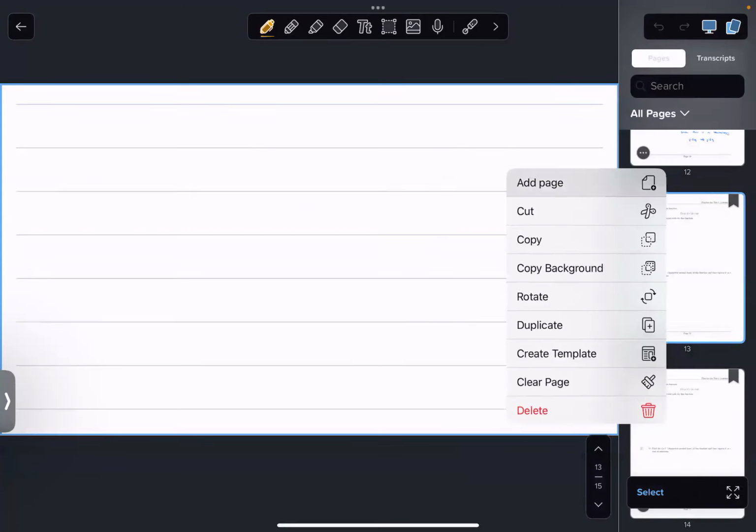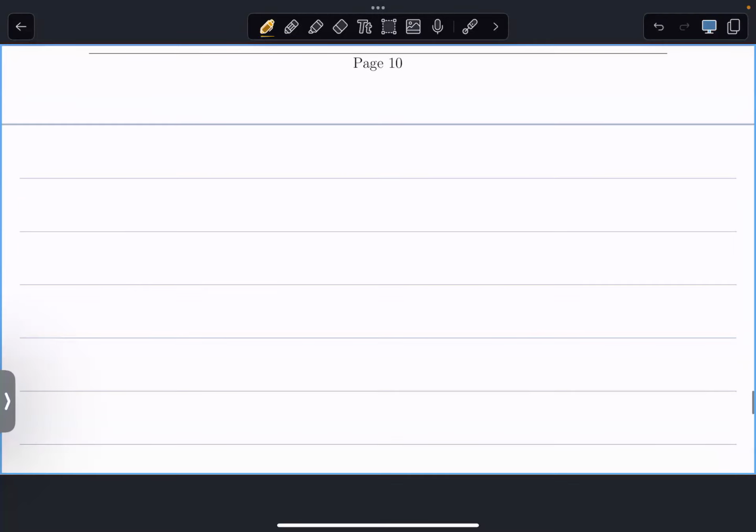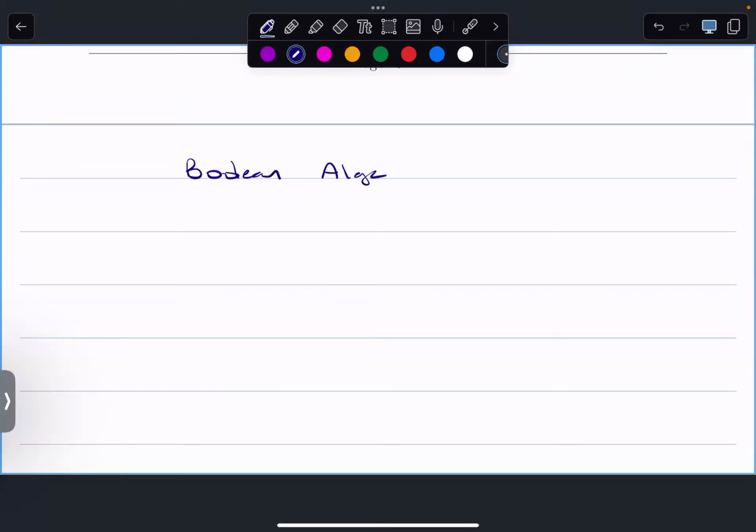Let's add a page here. Okay. How about some notes on Boolean algebra? Should have brought my actual notes. I'll have to wing it. Uh-oh. Maybe, just maybe. I didn't bring it.